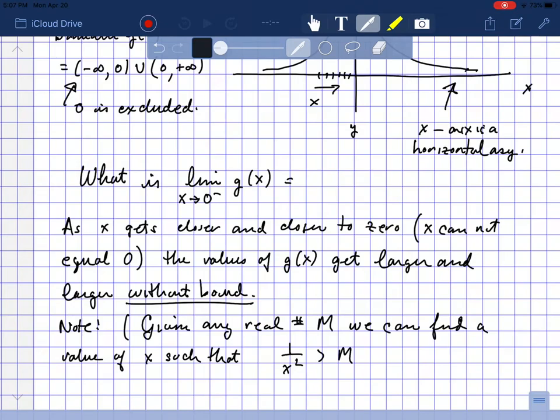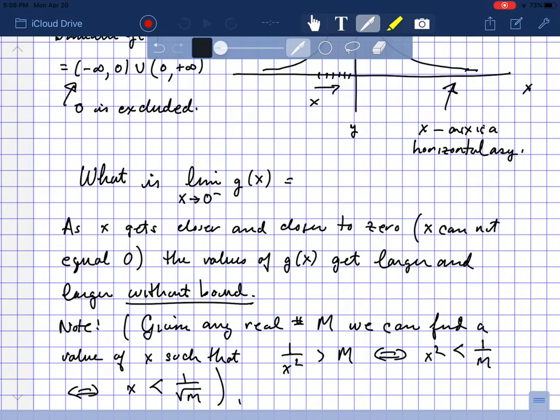And that certainly makes sense. This is equivalent to writing that x squared is less than 1 over m, or x is less than 1 over the square root of m. Okay, so for any value of x less than 1 over the square root of m, 1 over x squared is greater than m.